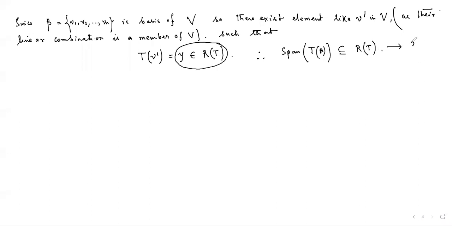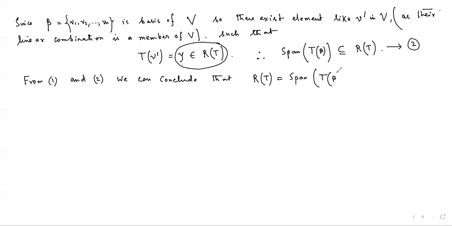This is number 2. From 1 and 2, we can conclude that RT is equal to span of T beta. Proved.